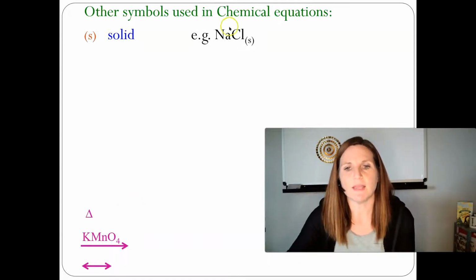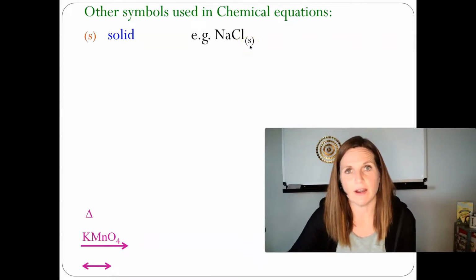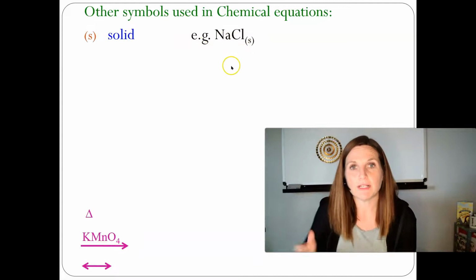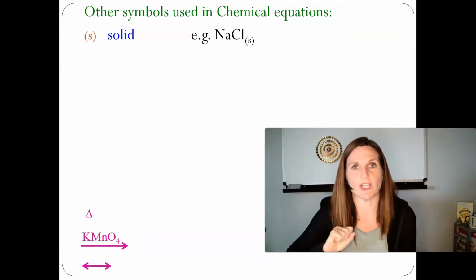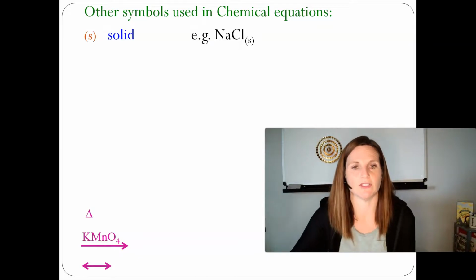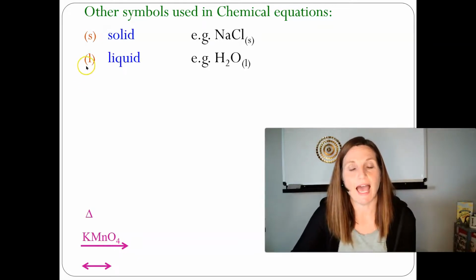So we will sometimes see written at the end of a formula a little letter in parentheses. This letter in parentheses tells us the state of matter that that compound is in. So if I see NaCl (s), I'm expecting salt, table salt, like in a salt shaker that I recognize and understand. If I see a symbol like an L in parentheses, that's telling me that it is a liquid.